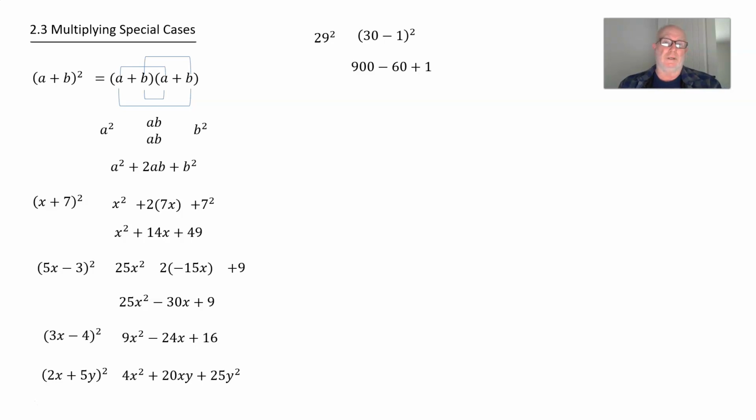So now we can do this pretty easily because the 30 squared is easy to square and 1 squared is easy to square. So now 900 minus 60 is the 840 plus 1 is 841. So we can square something pretty quickly without a calculator.